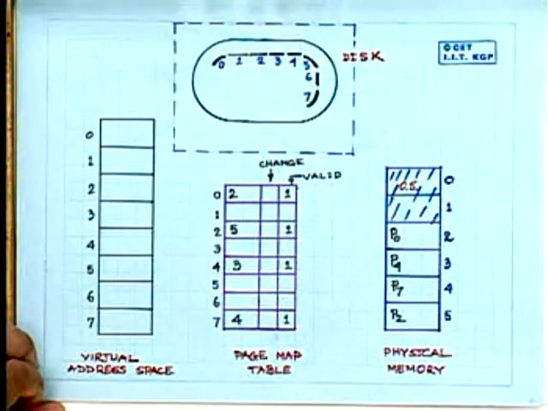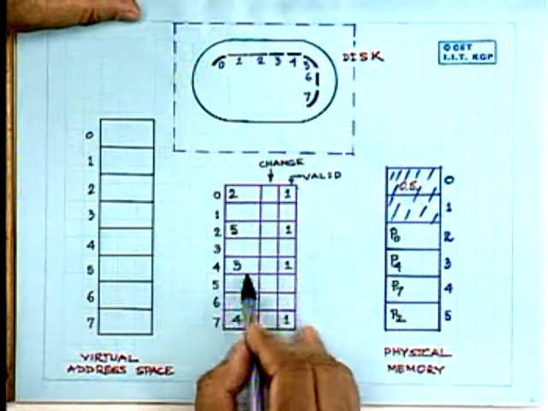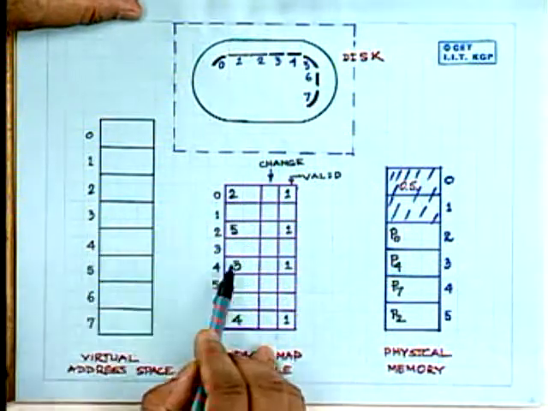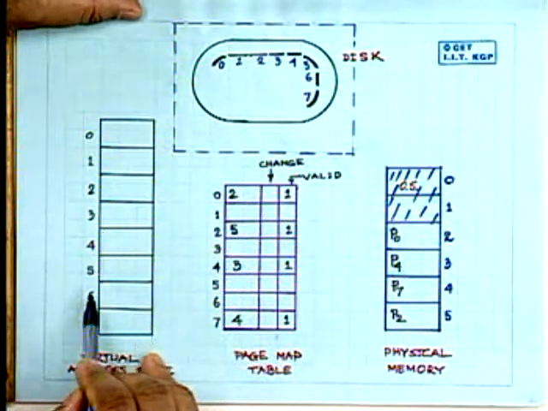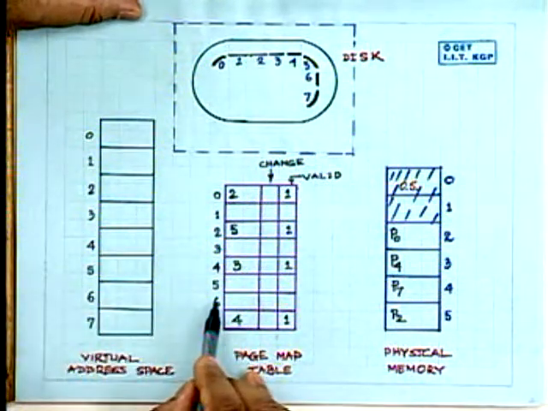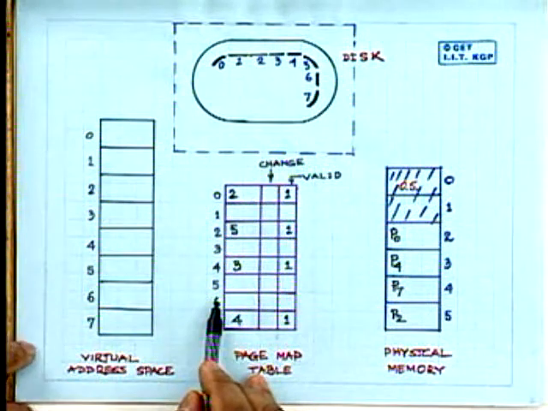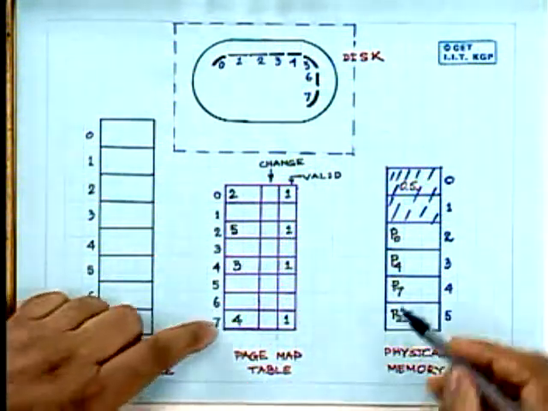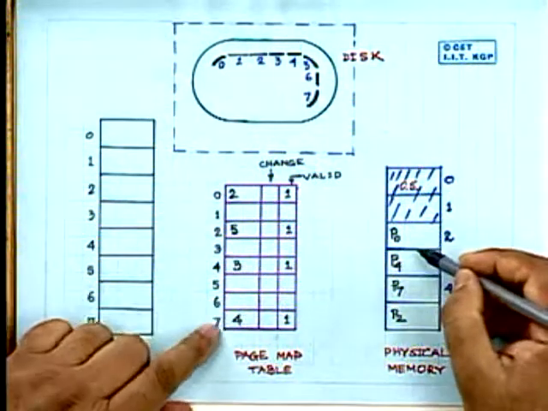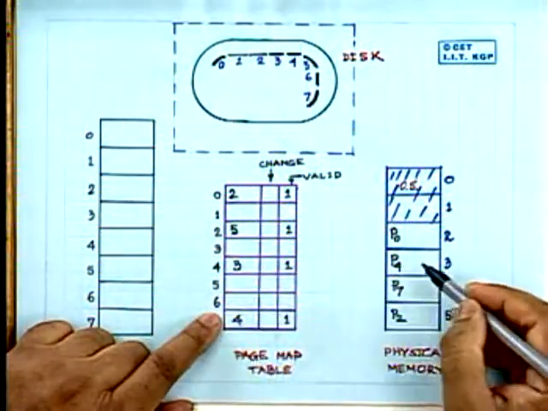But say now, while executing, the process needs page 6. Now see, the process needs page 6. What will happen? There is no memory left.